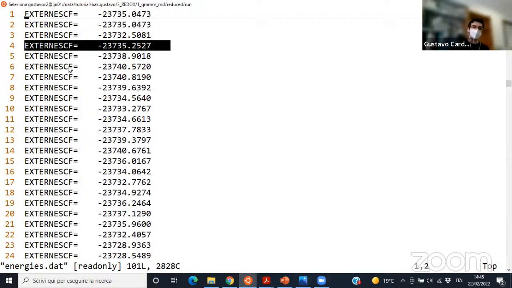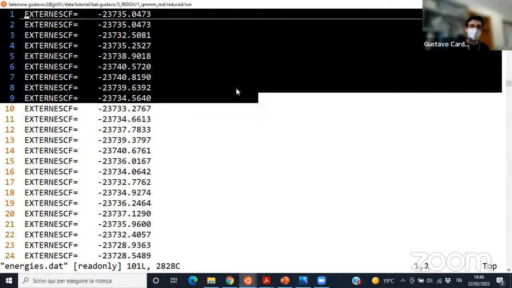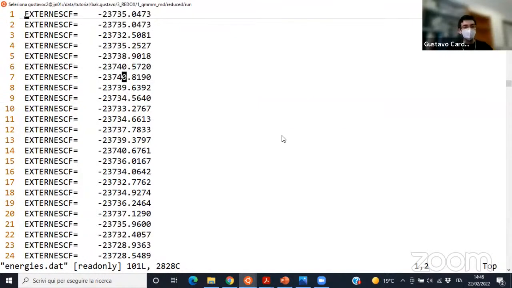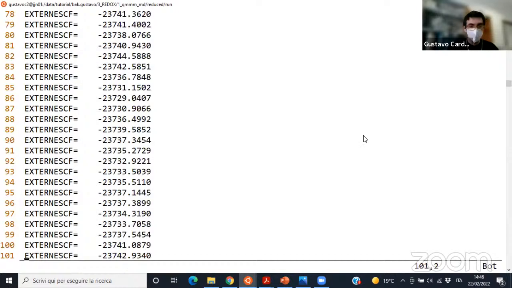But if you want to do actual production simulations, you will have to account for some time of equilibration prior to the actual QMMMD. So basically, you would have to truncate a few picoseconds or femtoseconds of simulation in the case of QMMM. Now, for our purposes, let's go to the end of the file with G.